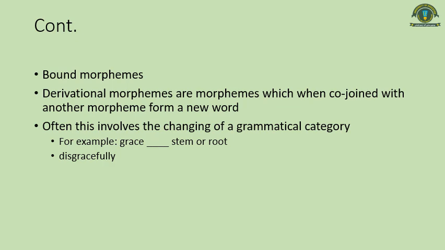Look at this one. This is grace. It's a noun, and it is called a stem or the root. It's an original word, and to the word we can add a derivational morpheme, which will result in creating or deriving a new word with a new grammatical category.